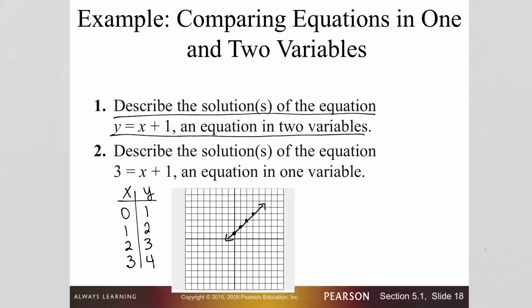Okay, so let's look at number 2. Describe the solutions of the equation 3 equals x plus 1. Notice how I only have an x in this equation. So I'm going to subtract 1 from both sides and I get that x is equal to 2. That is a vertical line. Right here, x is 2.